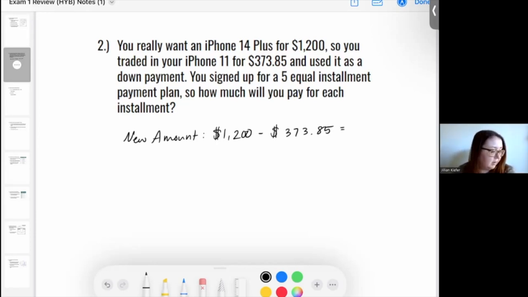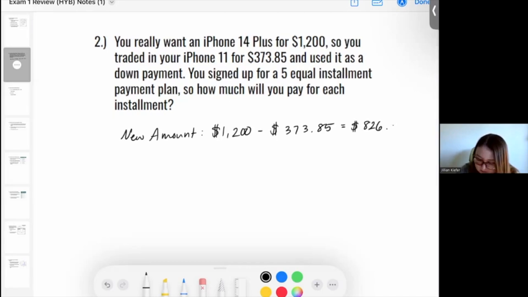I plug it into my calculator, and I get that this iPhone 14 Plus is really going to cost me $826.15. So I can take that value and divide by the equal installments.